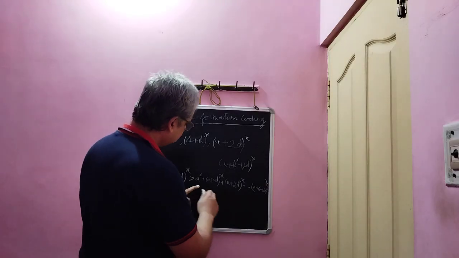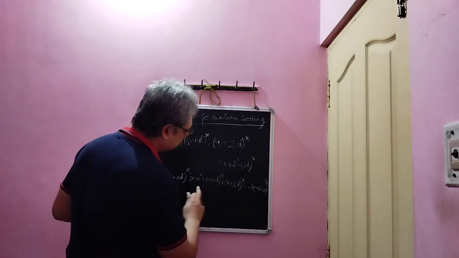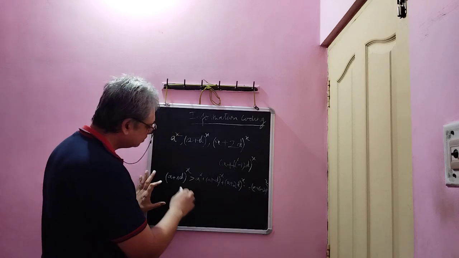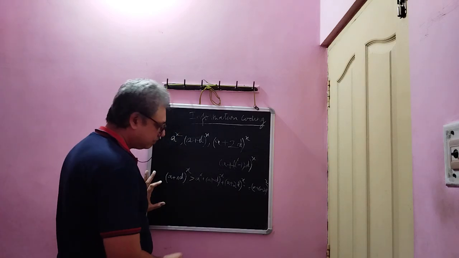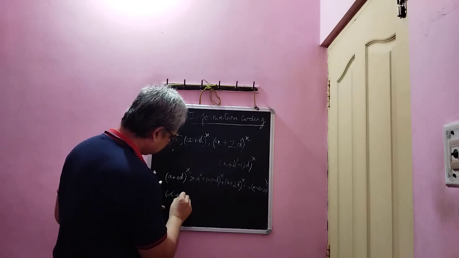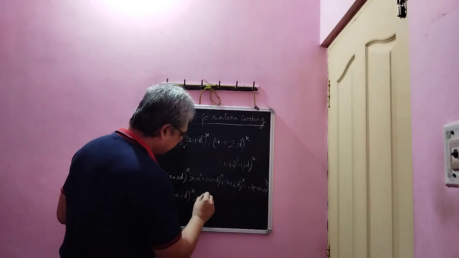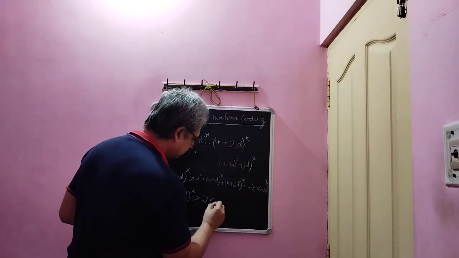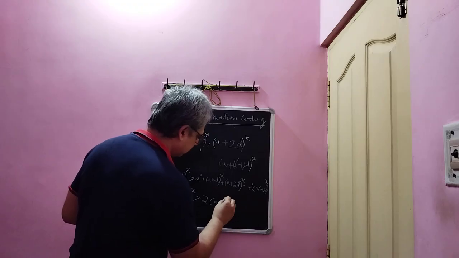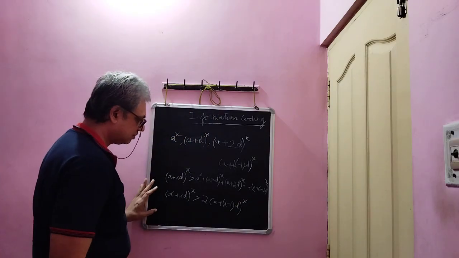Then we can substitute for the preceding term the value a plus i minus 1 into d power x, so that we see if it still maintains the inequality. That is, a plus id whole power x greater than 2 times a plus i minus 1 into d whole power x.